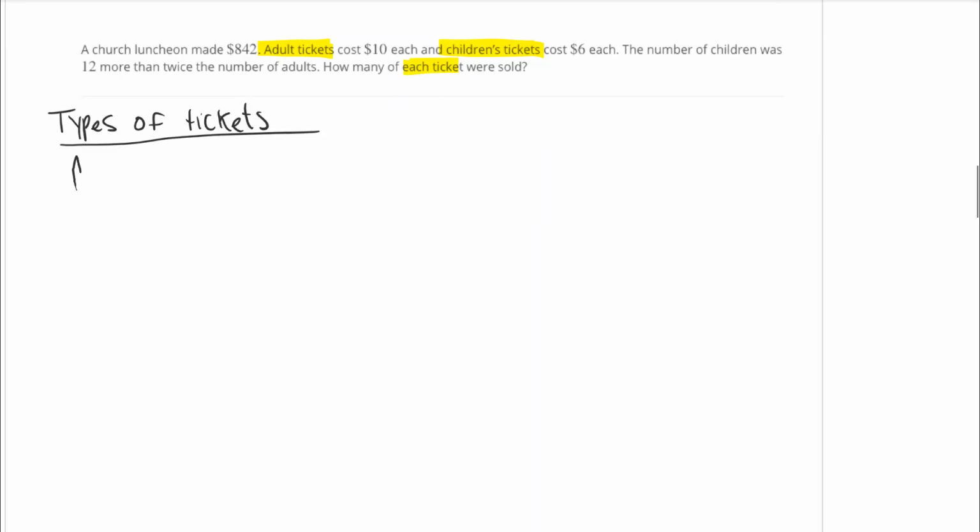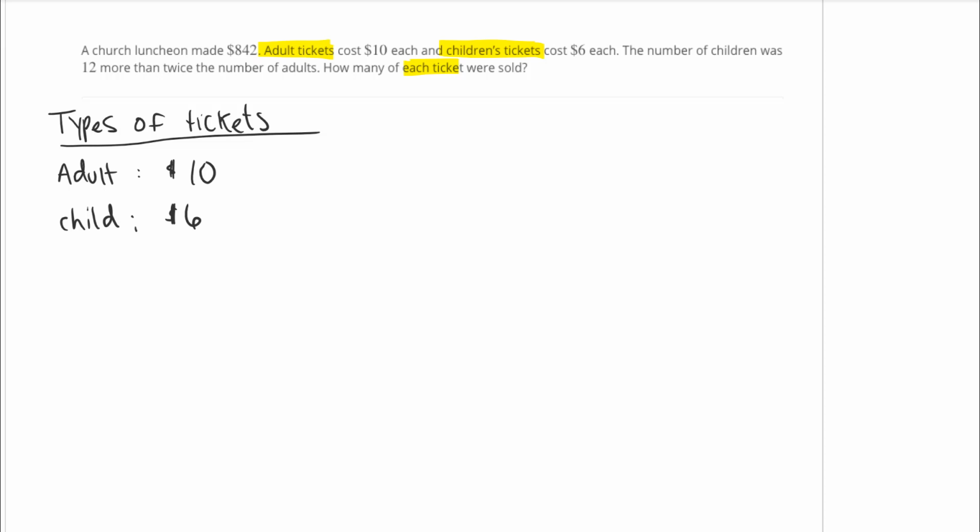So then we have my adults. So let's just go ahead and organize my information. Each adult ticket is going to cost $10, and for each child ticket, it's going to cost $6. So we know that a combination of these two types of tickets gave us $842.